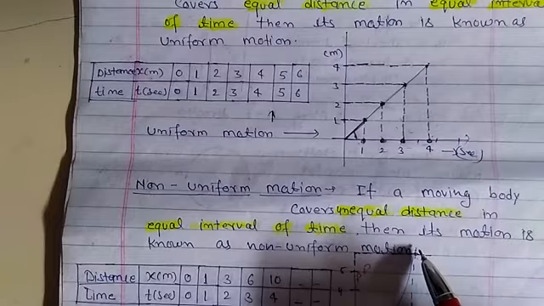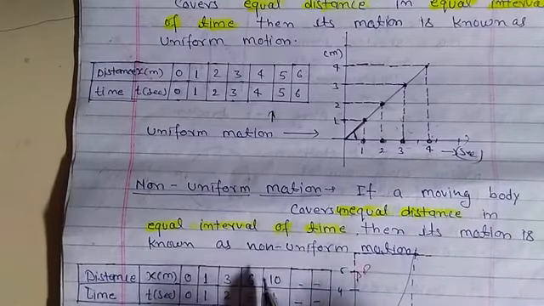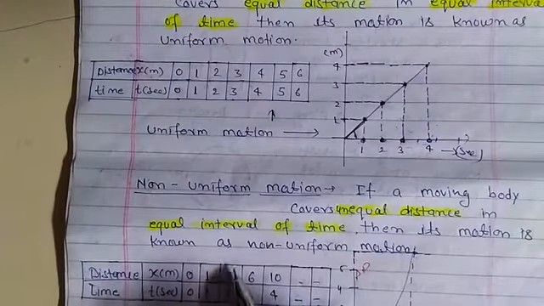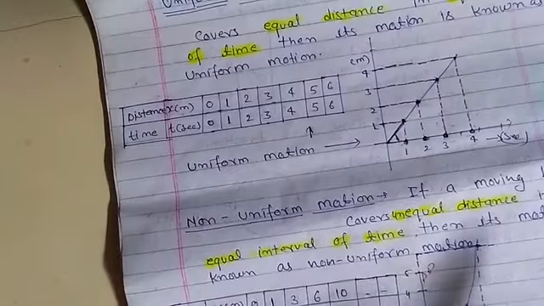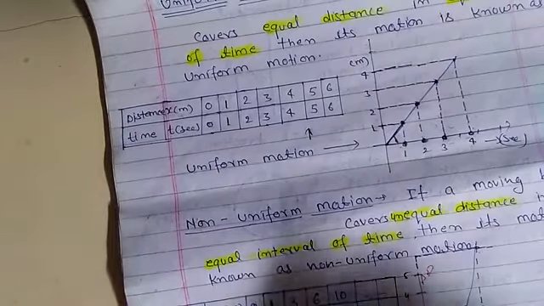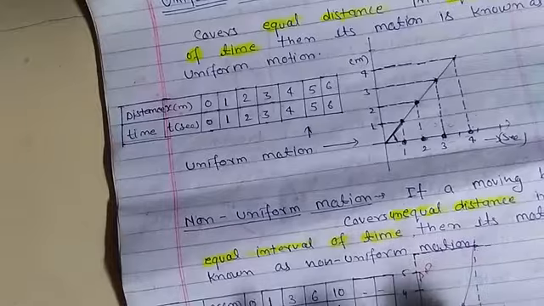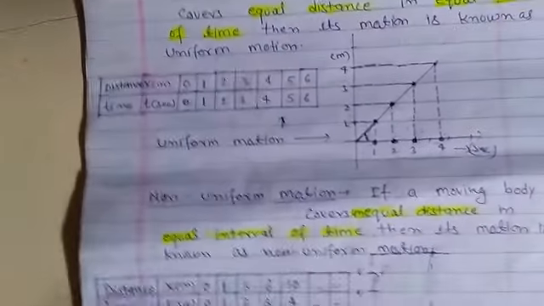But if the distance is decreasing, consider 10, then 6, 3, 0, it means the distance traveled by the object is decreasing. This is all about it. We will describe the rest in another video.